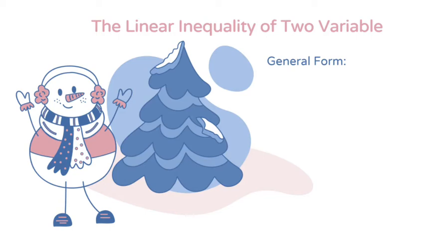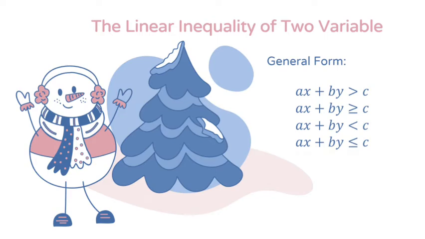The inequality uses signs such as greater than or equal to, less than, and less than or equal to. With two variables, namely x and y, a and b are coefficients, and c is a constant.